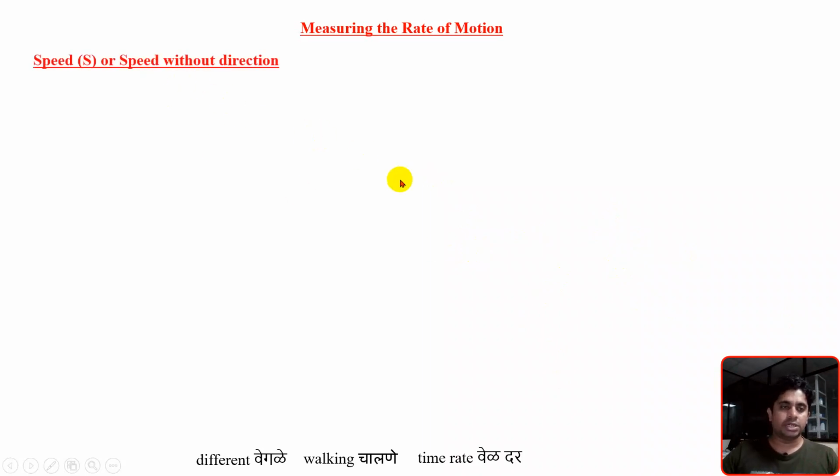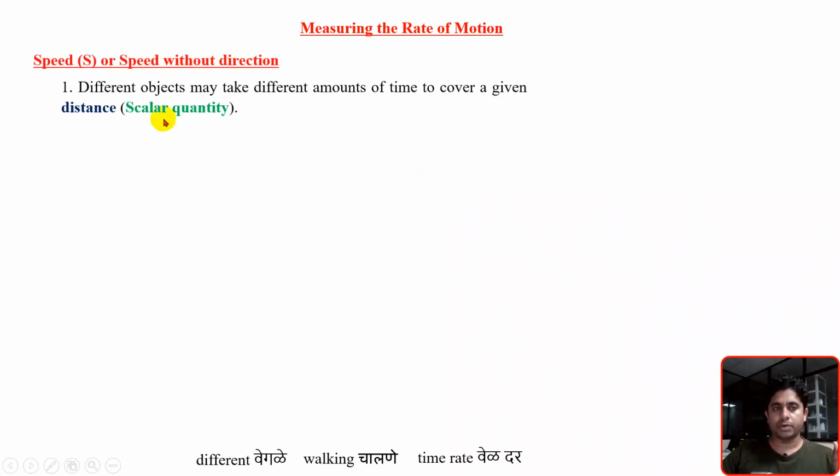So speed without direction, or just speed. What does it mean? Different objects take different amounts of time to cover a given distance. The same distance can be covered by different objects in different time. One more important thing here is distance. As we know, distance is a scalar quantity.